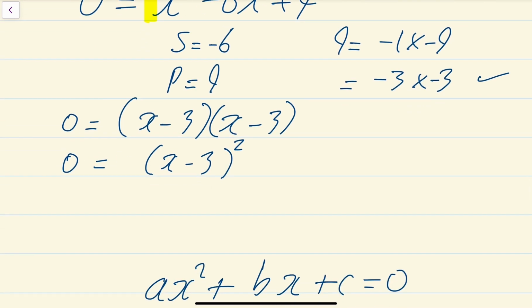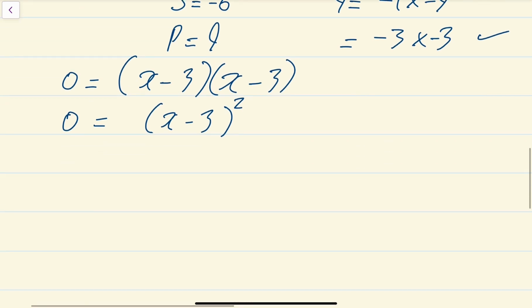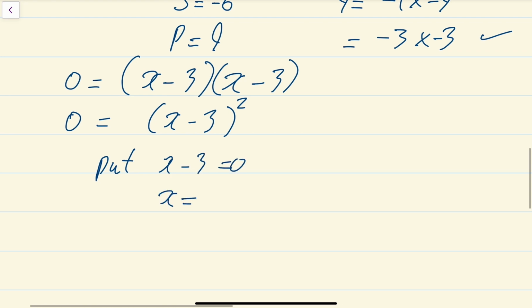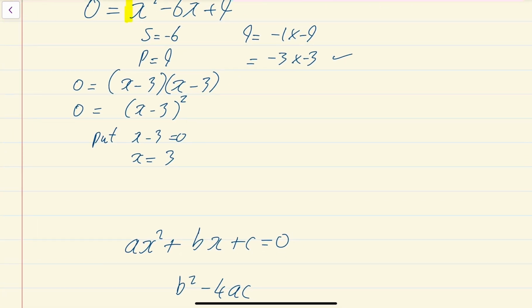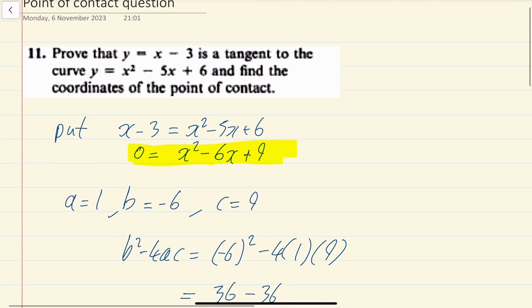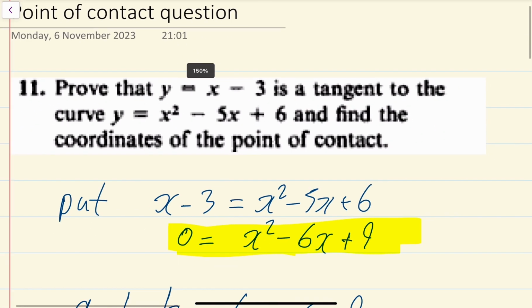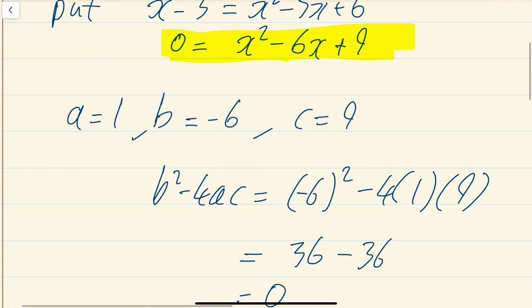So put that equal to 0 and see what you get. So that means x minus 3 equals 0, which means x is just equal to 3. And remember, it's a coordinate, so you've got to find the corresponding y value. So to find the corresponding y value, I'm going to put it back into the equation of my line, y is equal to x minus 3.